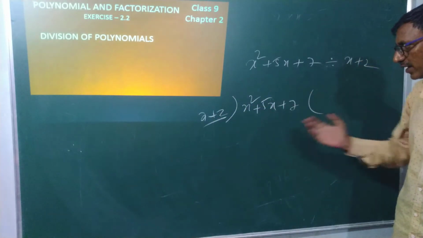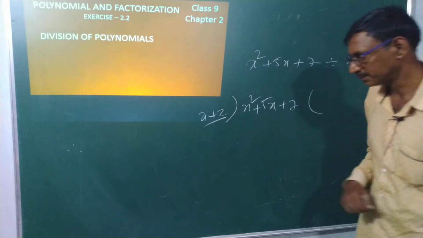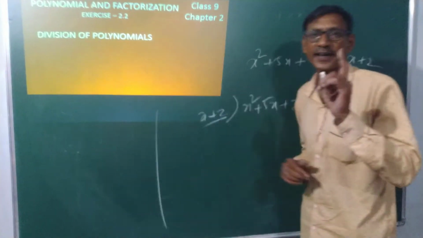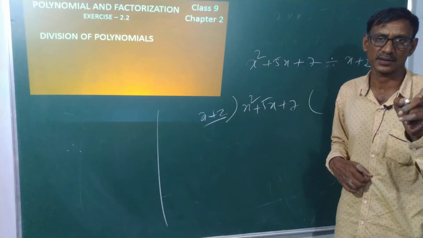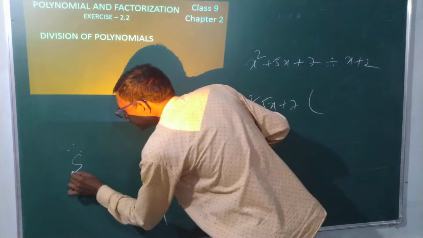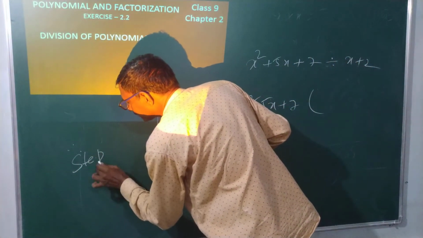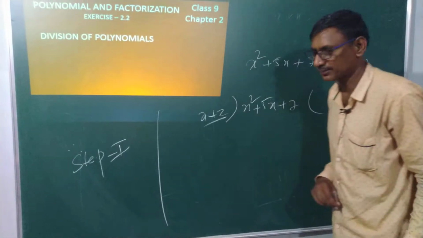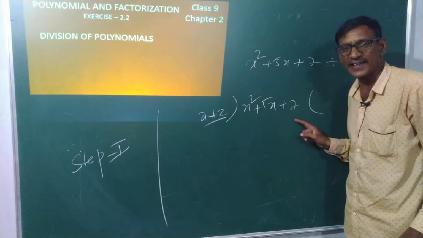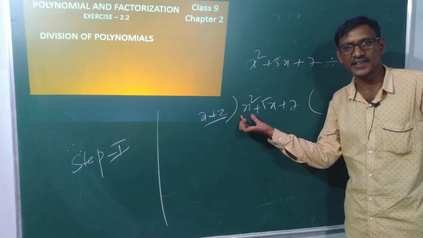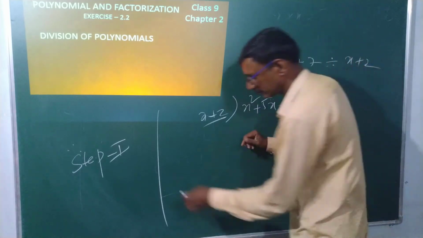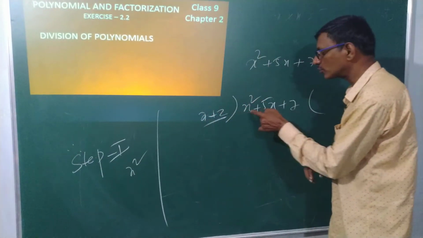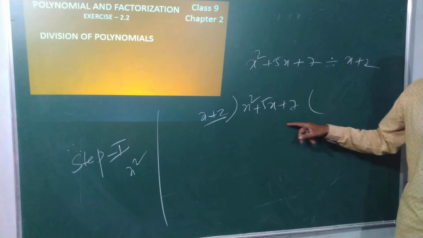Okay, we are coming to step 1. Every time do like this. This is my step 1. This is the dividend, its highest degree is x square. Its power is 2, that's the reason it is a second degree polynomial.